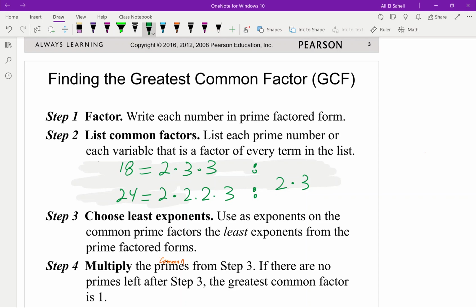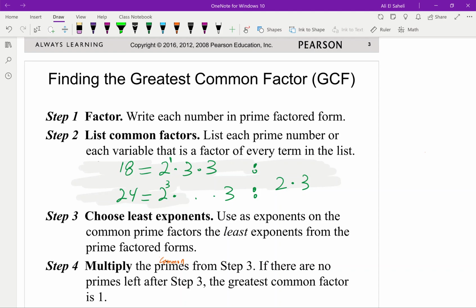Choose least exponents: use as exponents on common prime factors the least exponents from the prime factored forms. This is just in case we had, so here this is 2 to the power 1, and this is 2 to the power 3. This is what they mean, choose least exponents.